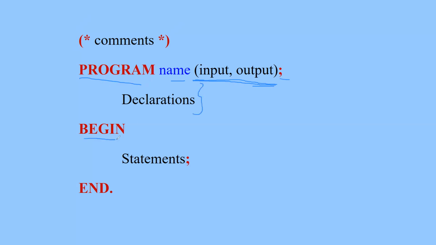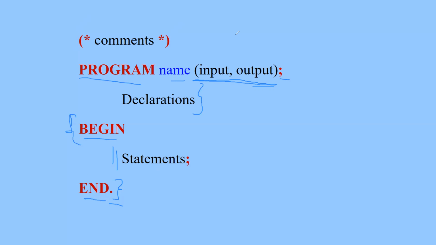We have the keyword begin. Then we have these statements. In C, we have seen that here we had that brace, and here we have this brace. But in Pascal, instead of the left brace, we have the keyword begin. Instead of the right brace, we have end.